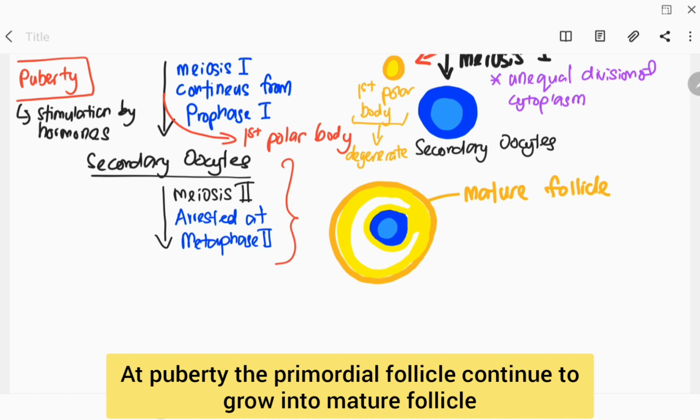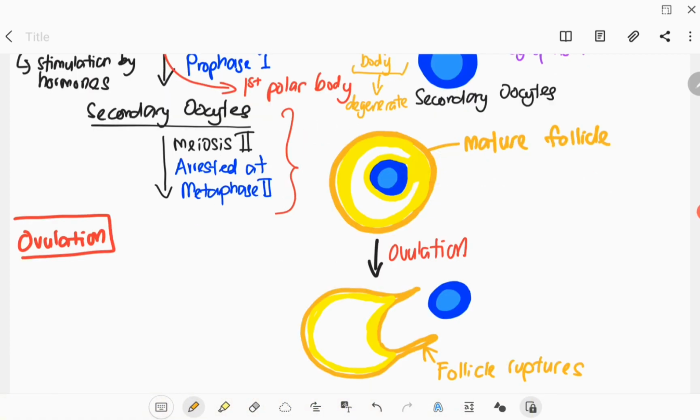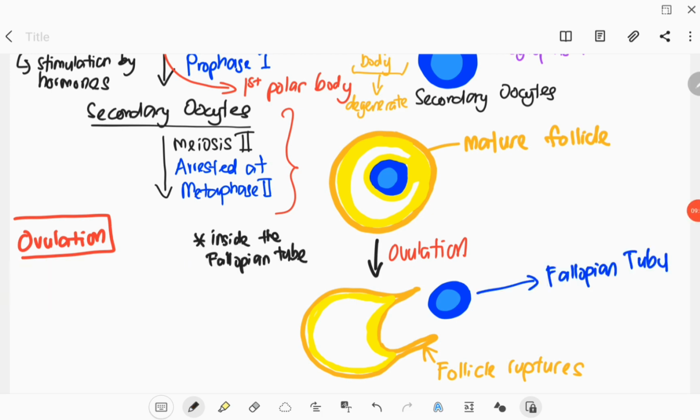So di dalam mature follicle tu kita akan jumpa secondary oocyte yang sudah enter meiosis 2 tetapi the process become arrested at metaphase 2. After ovulation occurs, iaitu ovulation merujuk kepada the follicle tadi akan rupture, pecah. So the secondary oocyte will be released from the follicle and then from the ovary untuk masuk ke dalam fallopian tube. So ingat, tadi follicle tu berada di dalam ovary.